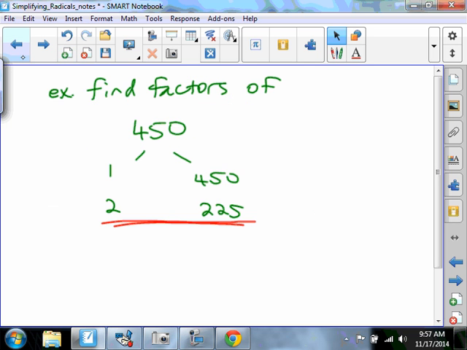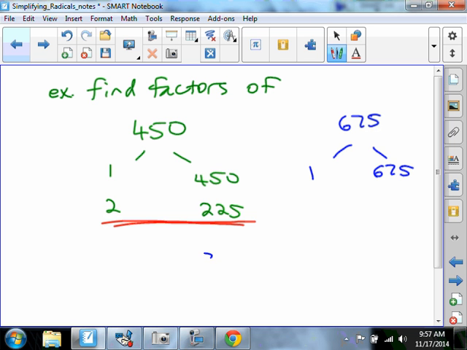But again, you've got to be able to find factors of 450. Maybe you've got to be able to find factors of 675. What are some factors of 675? 1 and 675. Now, is 675 divisible by 2? No, it's not. Is it divisible by 3? It is. Is it 225 times?